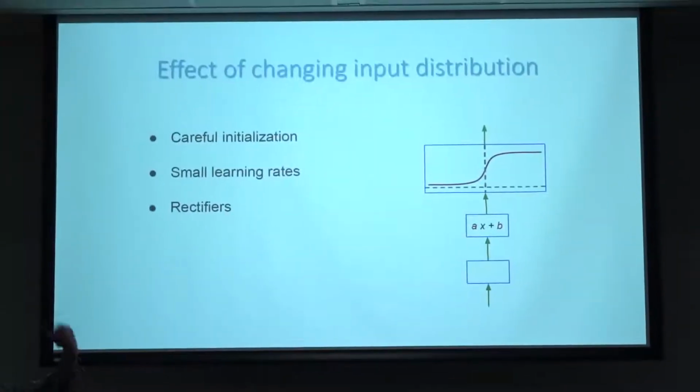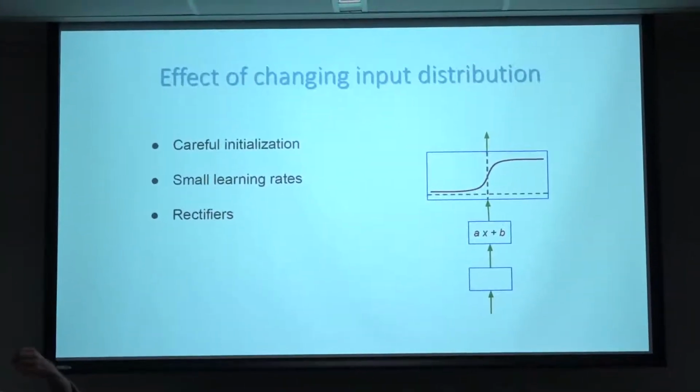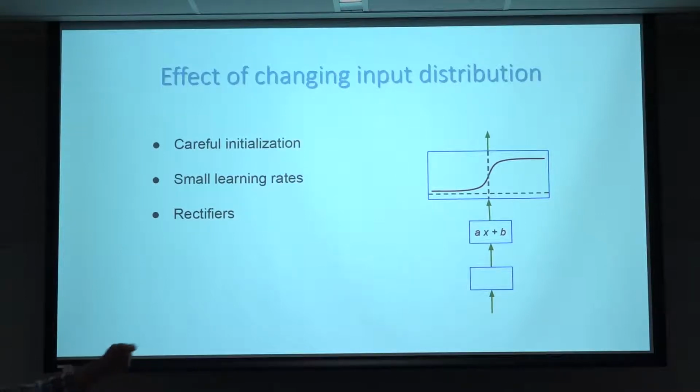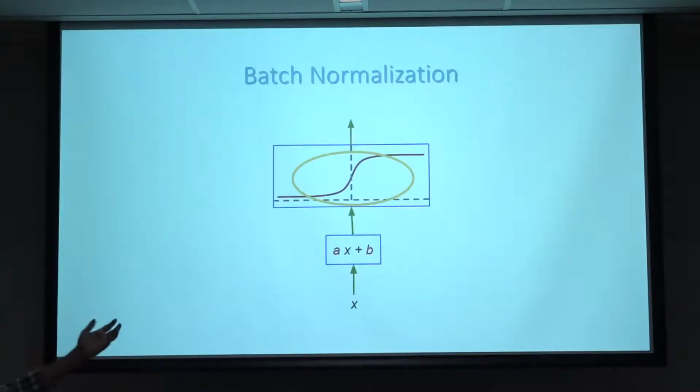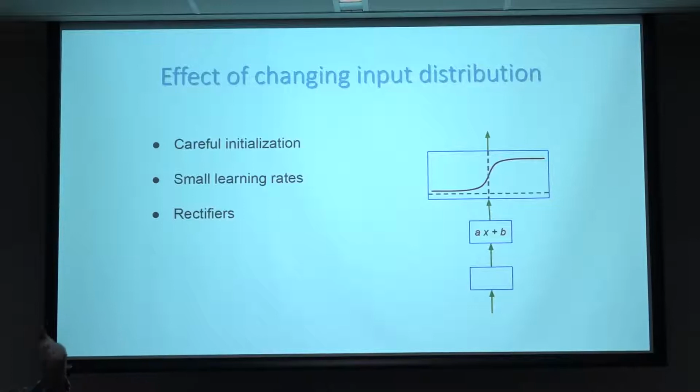So we can't afford to do proper adaptive learning, domain adaptation, in any layer, because it could be computationally expensive to try to match the distribution of this with another distribution. But the intuition here is quite simple.